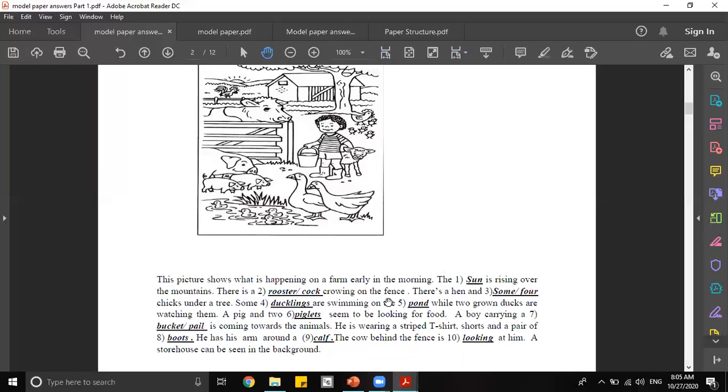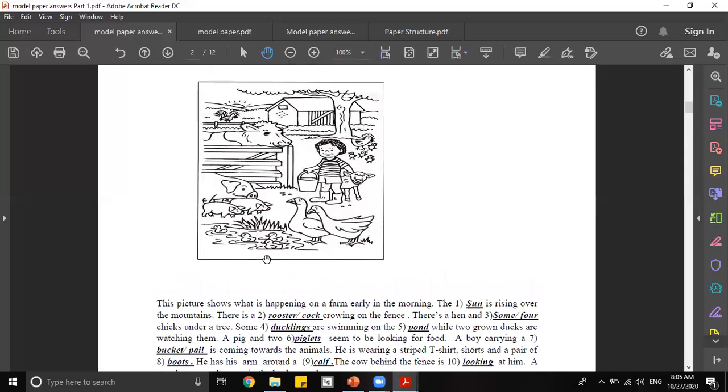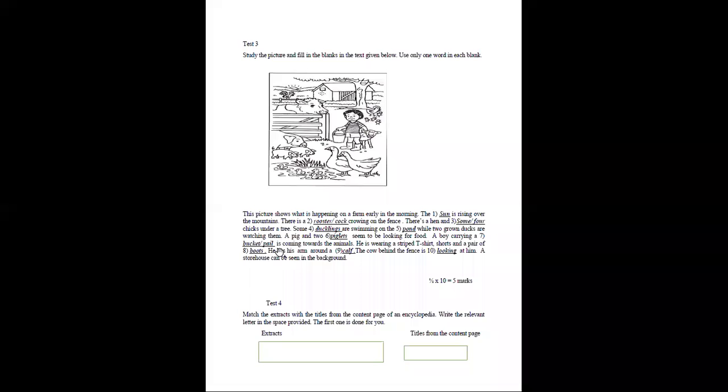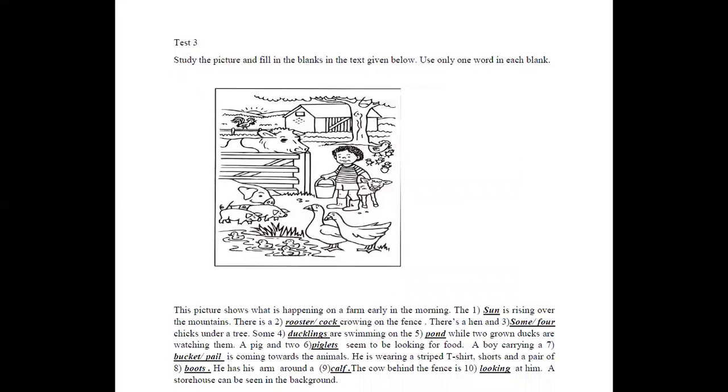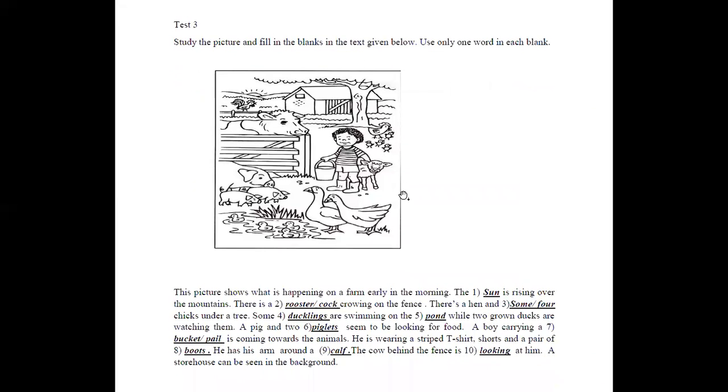Then the other sentence, there is a hen and blank chicks under the tree. Now look at under the tree. You can see there is a hen as well as chicks. Chicks means the younger hens. So you have to describe what type of chicks there are.